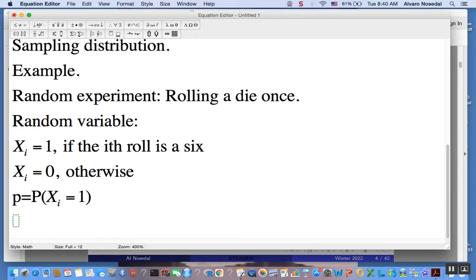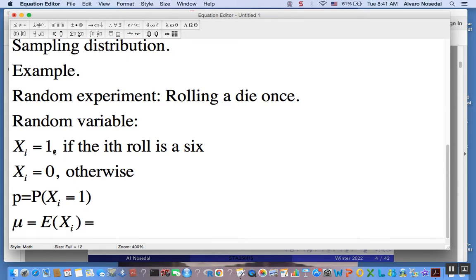Let me remind you that the expected value of xi can be found like this.